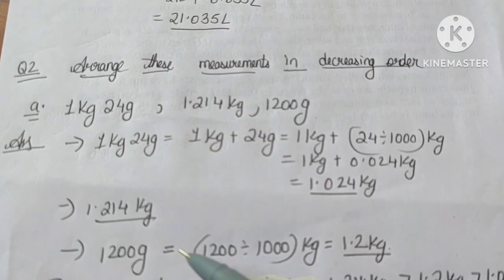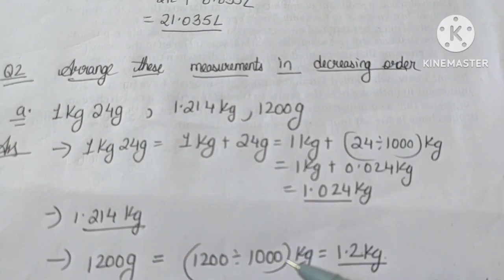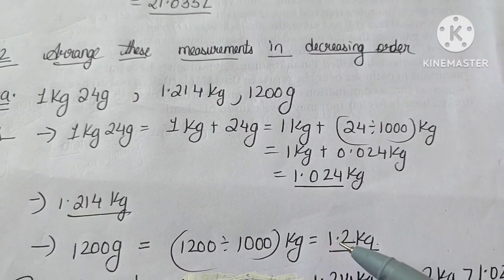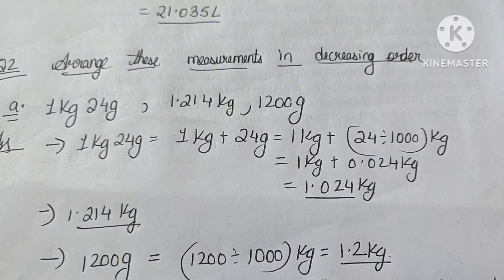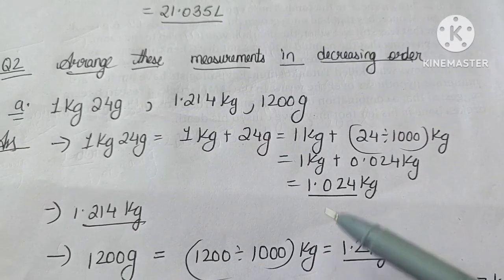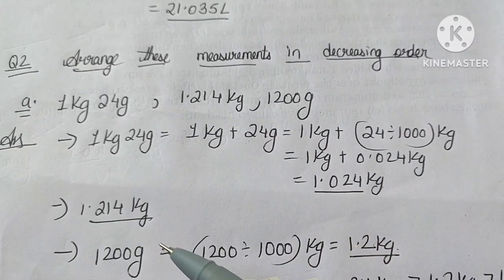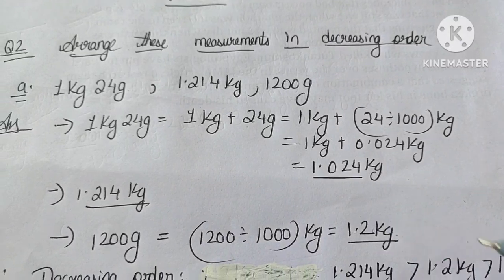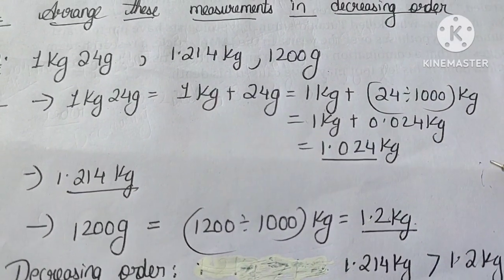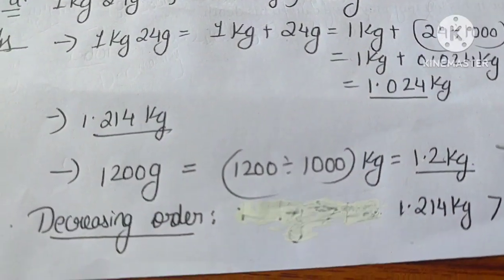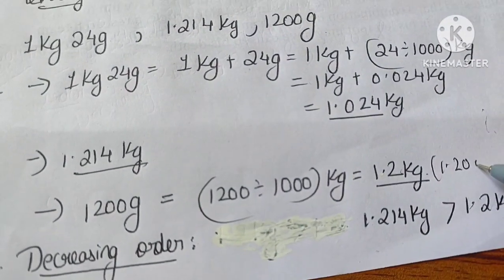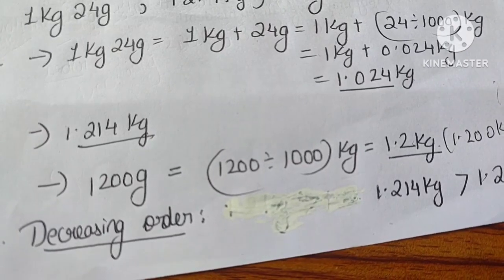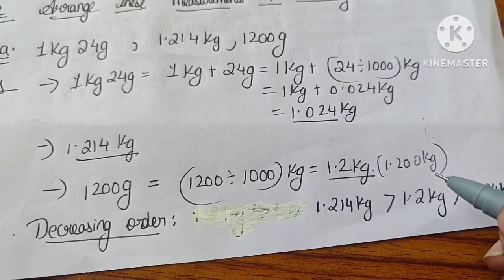Now 1200 grams, in order to convert it into kg, we will divide it by 1000 and we would get 1.2 kg. Now decreasing order means from bigger to smaller. So we have 1.024, 1.214 and 1.2 kg. Now 1.2 kg is the same as 1.200 kg, because we can put zeros at the extreme end.